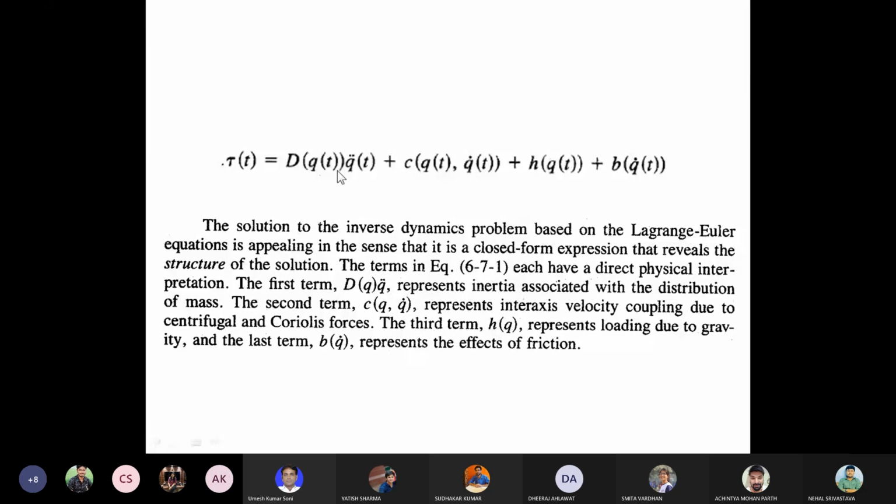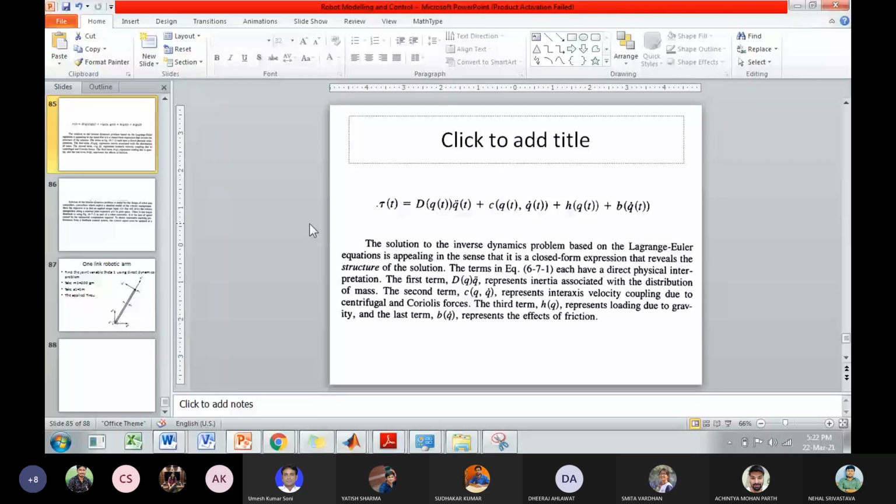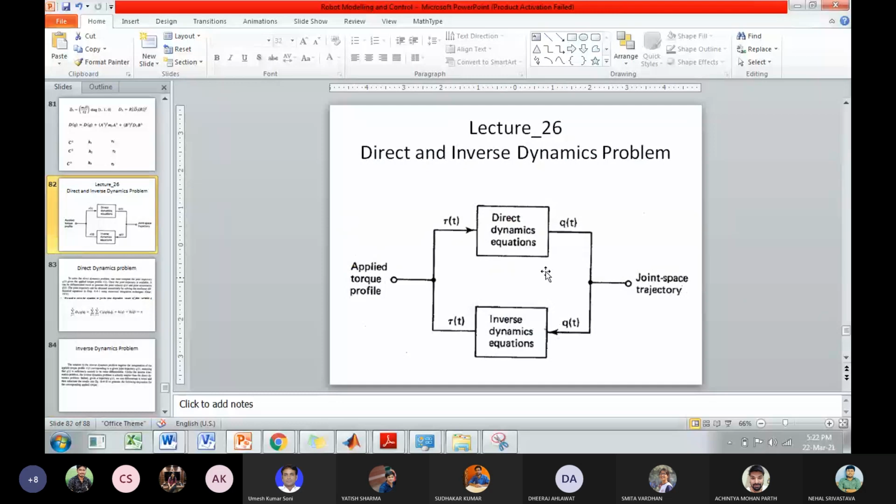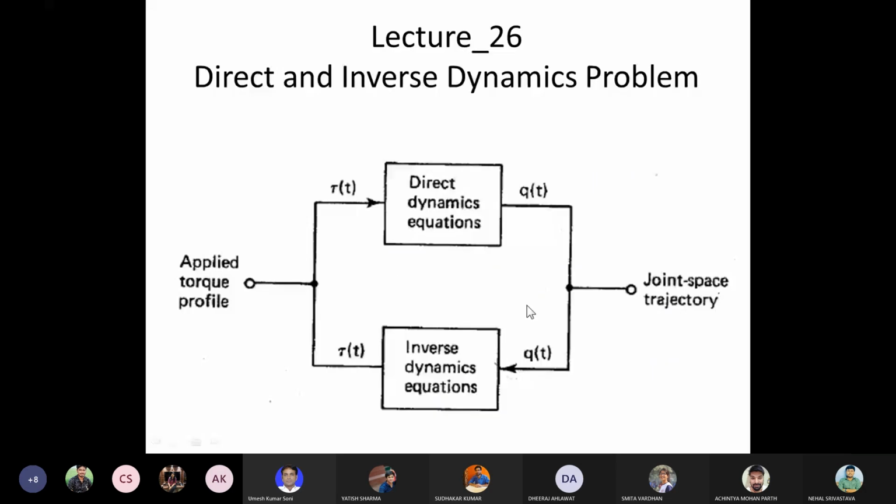Okay, so have you understood how the direct dynamics problem and inverse dynamics problem occur, and how they are solved? Any student? Any confusion about this? Don't be confused about this.